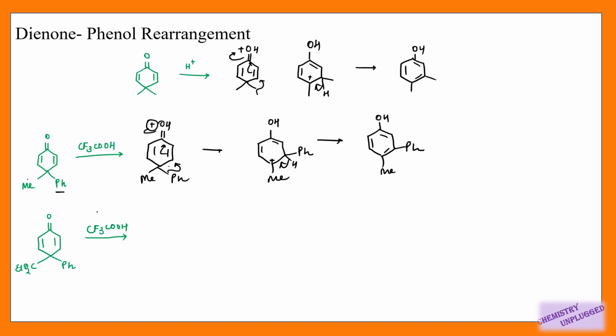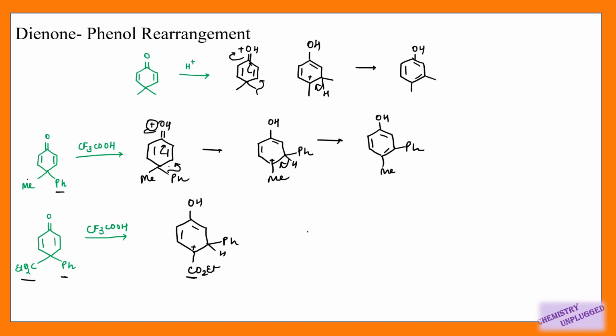But in this case we have 2 groups here. This is an electron withdrawing group and it can destabilize a carbocation. So we can think that we will migrate this phenyl to stabilize this carbocation, right? So if we are migrating phenyl, then what we will get, I am directly writing here, we will leave this carbocation next to the electron withdrawing group, right? Because of shifting of this phenyl, we are getting an intermediate in which this positive charge is close to the electron withdrawing group.